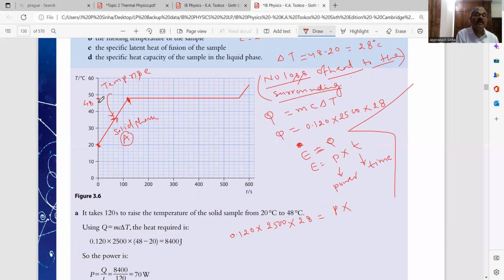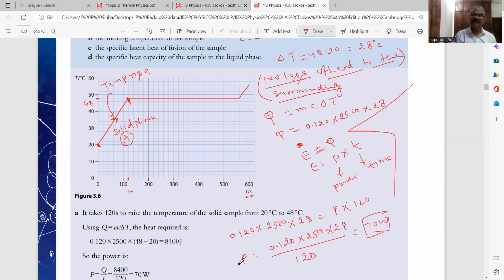So here the temperature is 48 degrees Celsius. And what is the time? Time here is 120 seconds. It is in seconds. So P is equal to 0.120 multiplied by 2500 into 28 upon 120. When you solve it, you will get 70 watt.